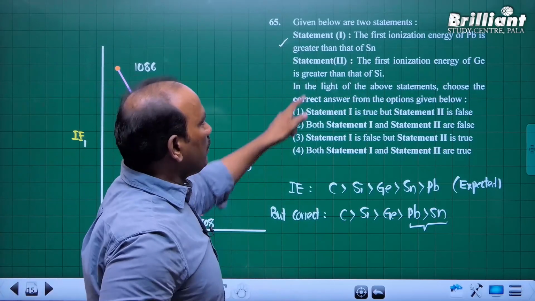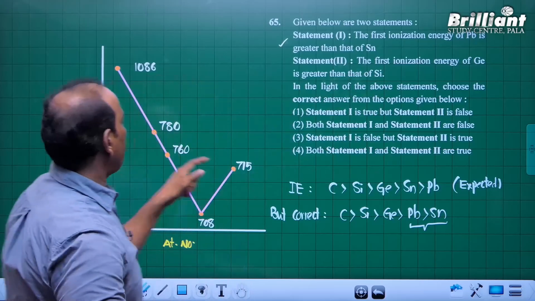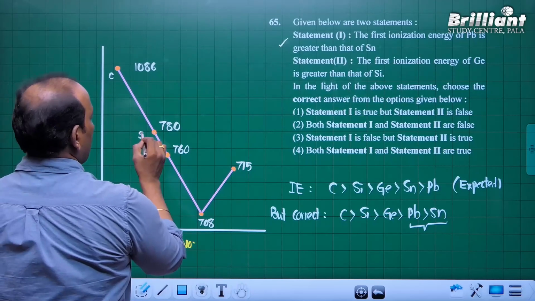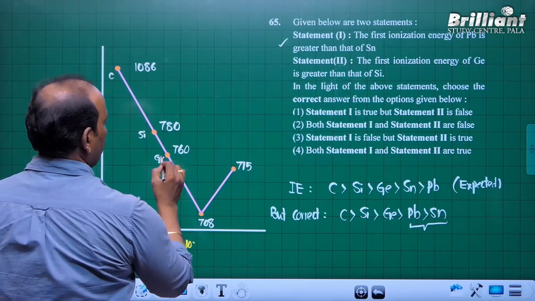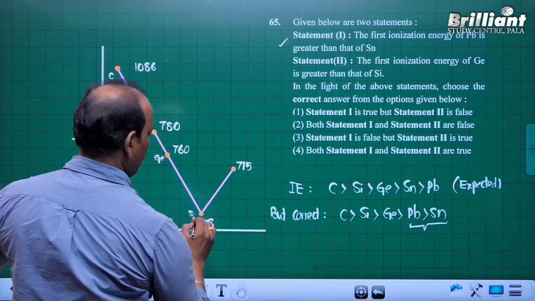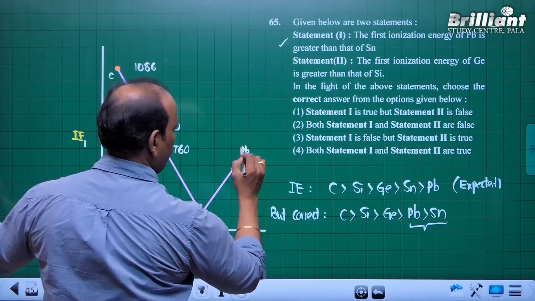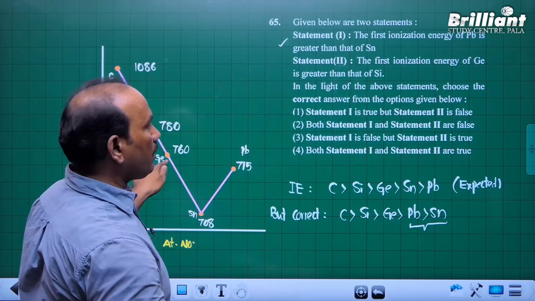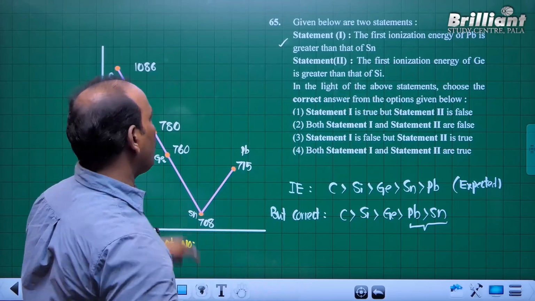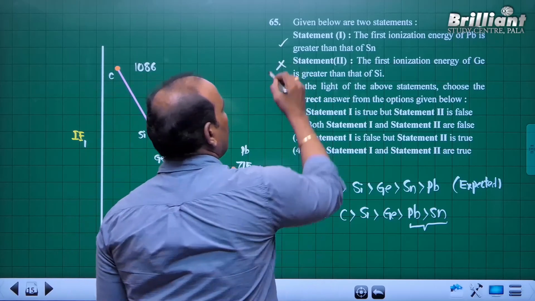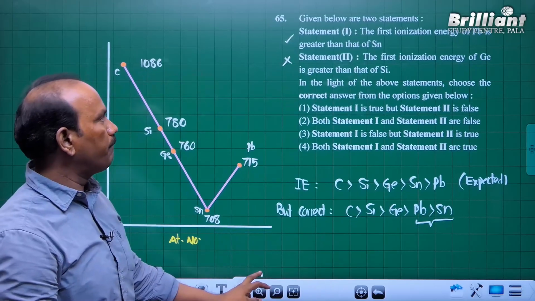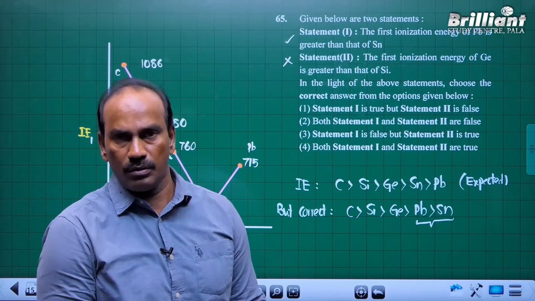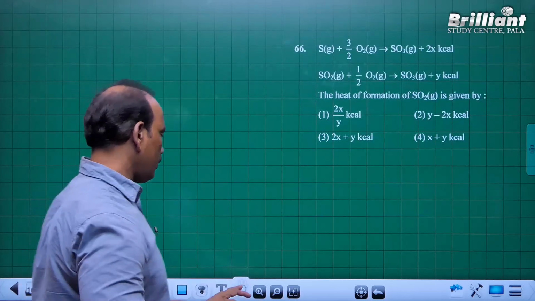Next one is the first ionization enthalpy of germanium is greater than silicon. This is wrong. It is clearly mentioned in the old NCERT textbook. You revise once.